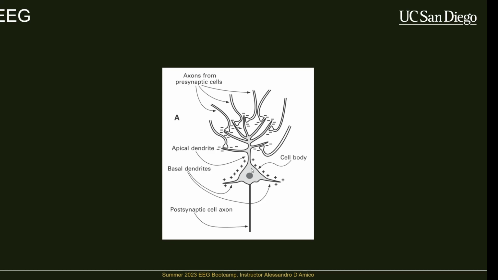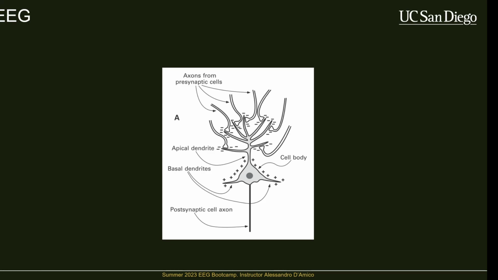What's interesting about pyramidal neurons is that they are typically aligned in really large sections of parallel dendrites. The dendrites come from the cell body and go outwards, and you have lots of pyramidal neurons with dendrites going straight up, perpendicular to the surface we're recording from. This tends to be the best way for us to record electrical activity.